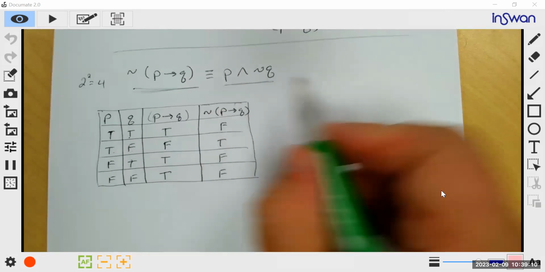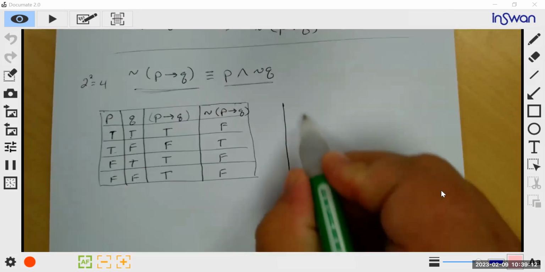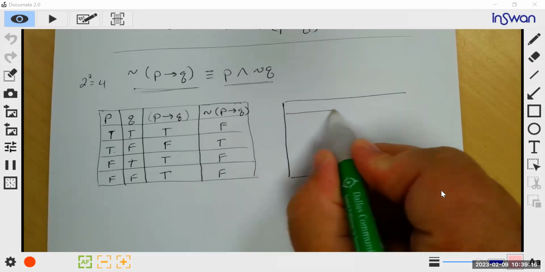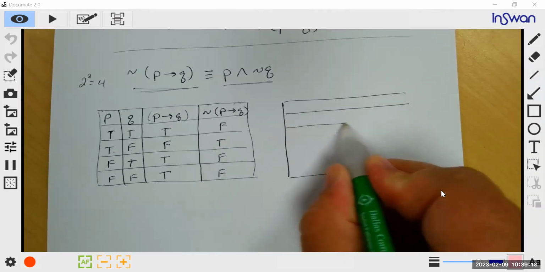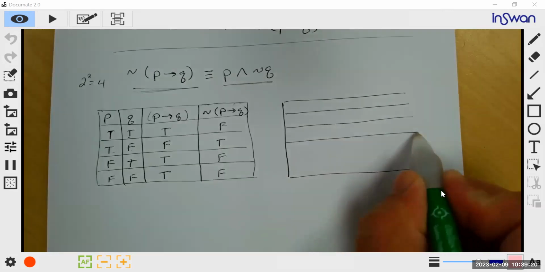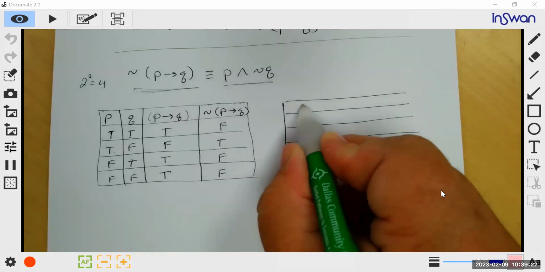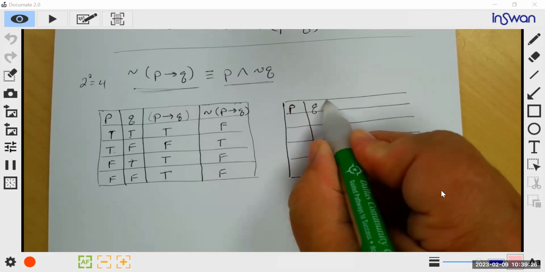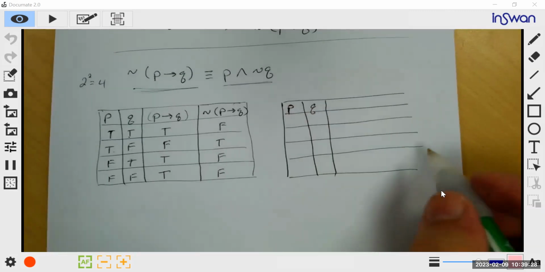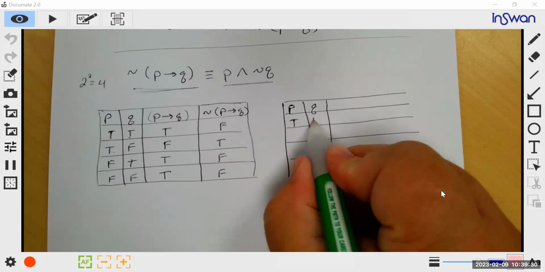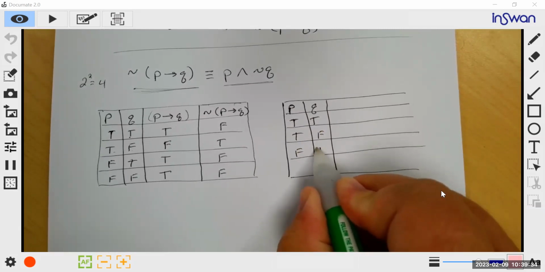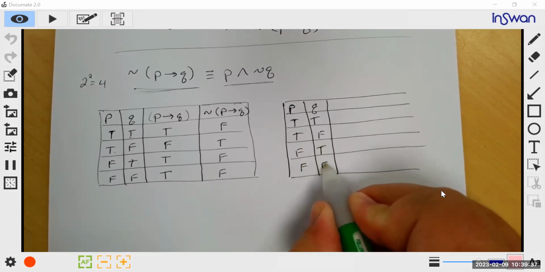Now we have to do this side. P, Q: true, true. True, false. False, true. False, false.